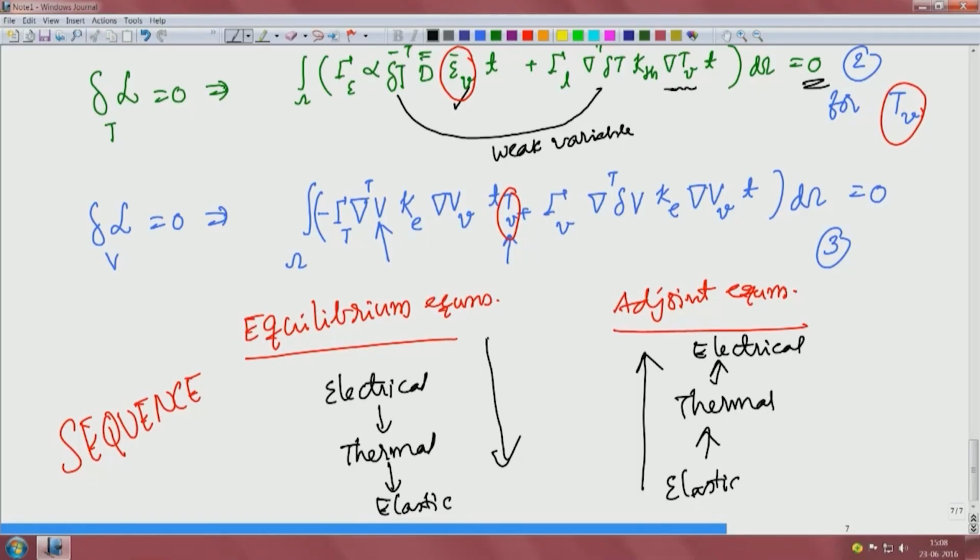So, you can use the same framework, meaning the same finite element routine, to solve this also, except that instead of going from 0 to final time, you start from final time and come back to 0, as if you are coming negative, which is what we see in this sequence of equilibrium equations and adjoint equations being different. Okay. Thank you.